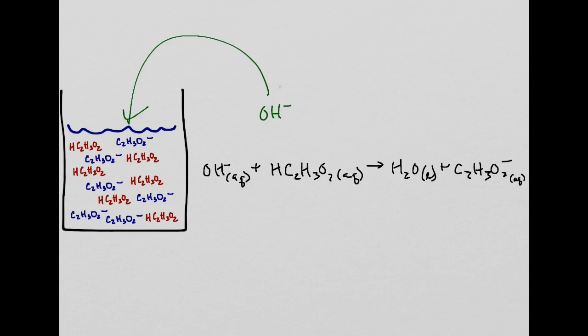Don't forget that OH minus is actually a strong base, because if we define bases through the Bronsted-Lowry definition as something that readily accepts a proton, well, indeed, OH minus is going to readily accept a proton. So it's going to yank that proton that is hanging out here on this acetic acid.